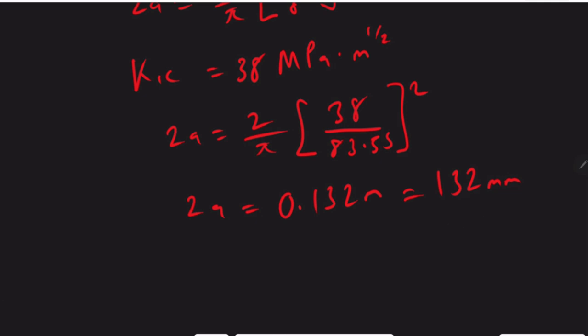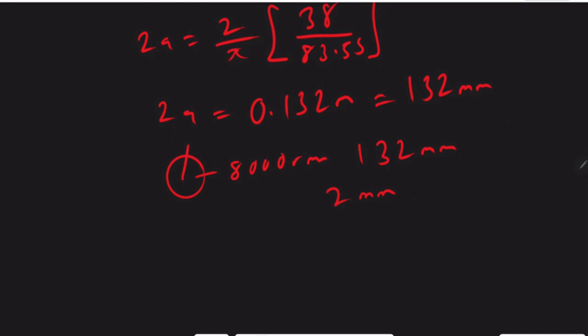So comparing this to the crack in our material: when you spin the flywheel at 800 RPM, for the crack to propagate, the crack length has to be 132 millimeter. But since the initial crack length in our material is 2 millimeter, spinning this material at 800 RPM will not cause this crack to propagate.